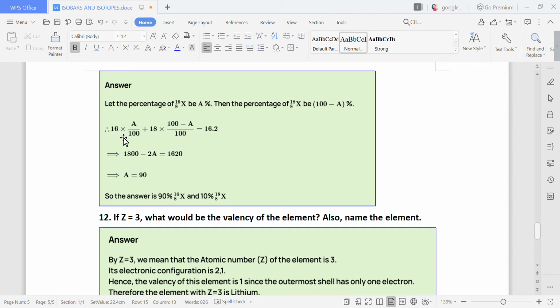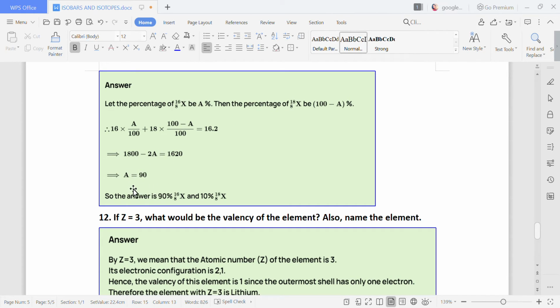So see, they have put down all the values. 16 into this is the atomic mass of first element, and the percentage plus the atomic mass of second element and its percentage, which is equal to the average atomic mass, which is already given in the question. So now we'll just calculate and find out the value for A.